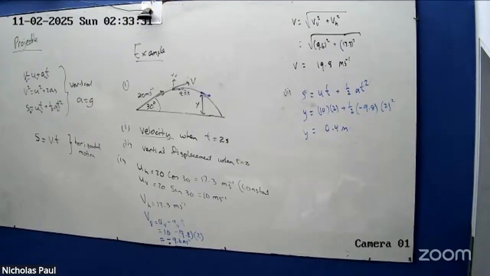Part 2, the horizontal distance traveled. And part 3, the velocity of the particle just before it hits the ground.